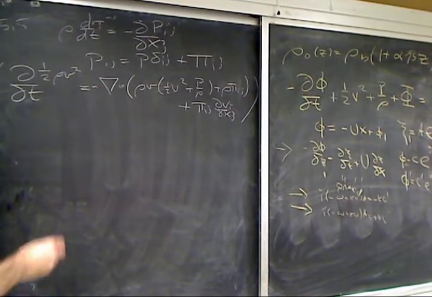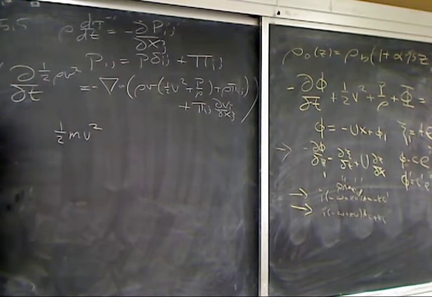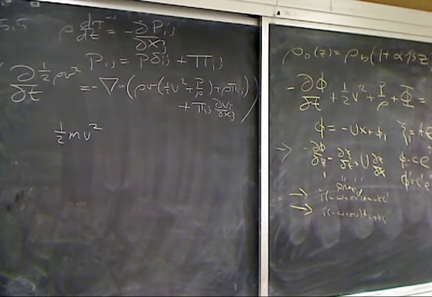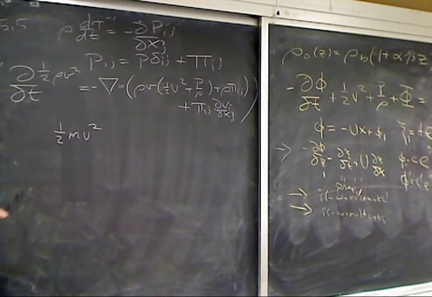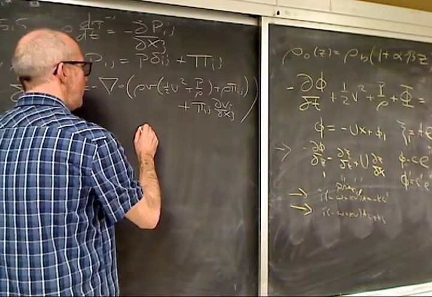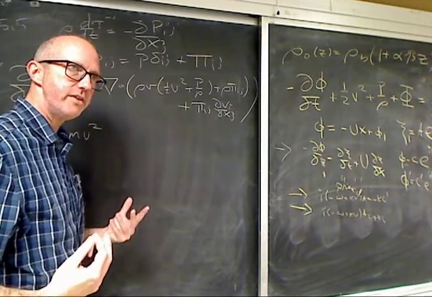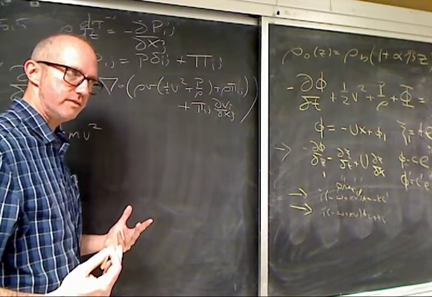So why is it 1/2 mv squared? Is it the kinetic energy per unit mass? Well, just in general, why 1/2? Well, because I need an energy, and I know that work is energy, right?